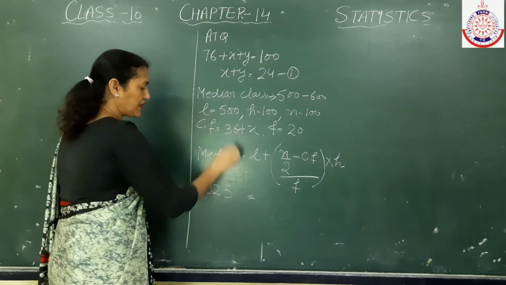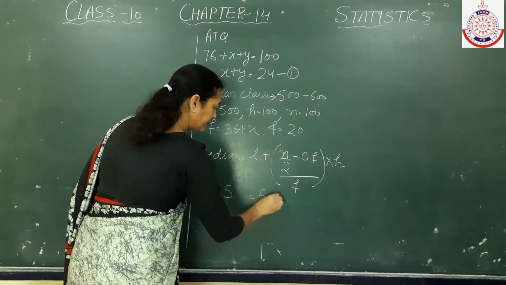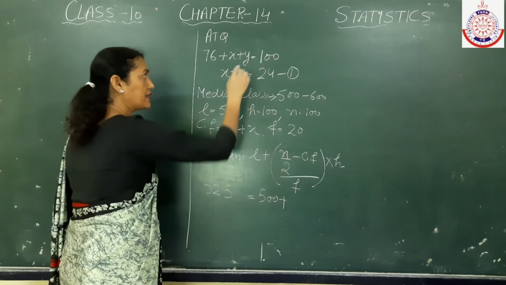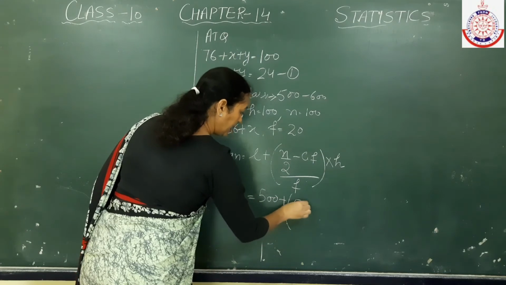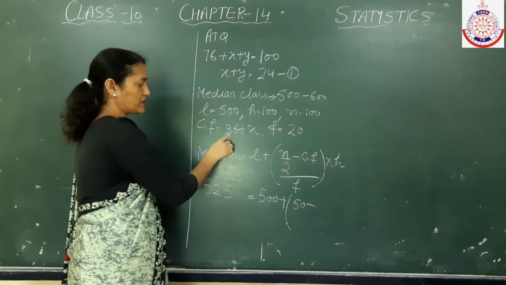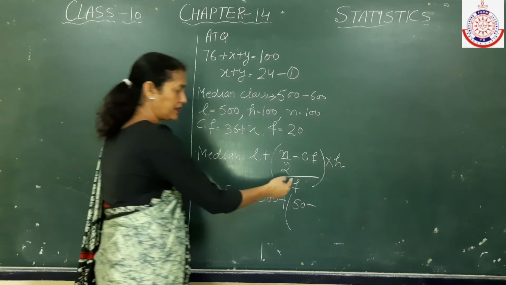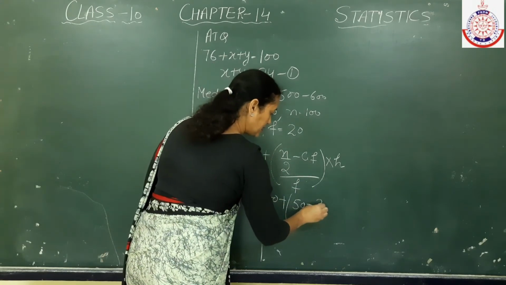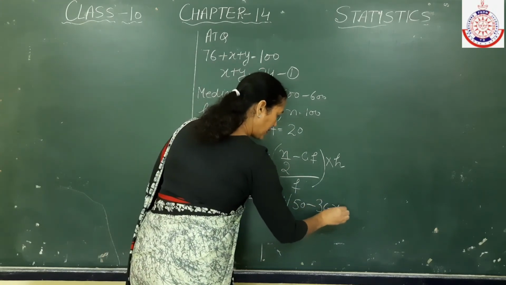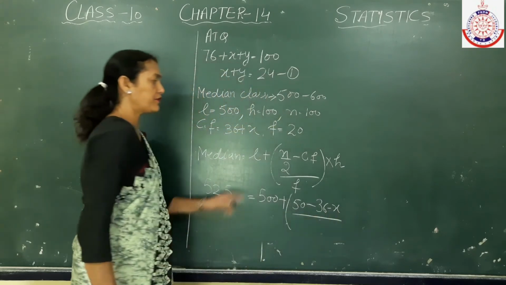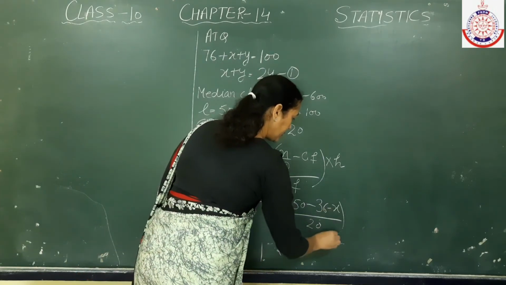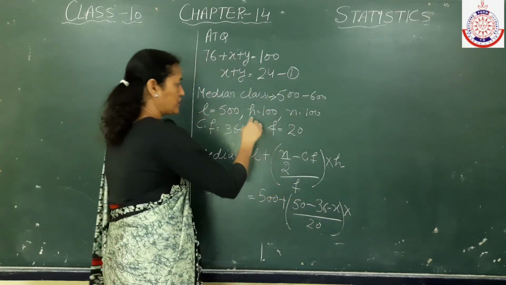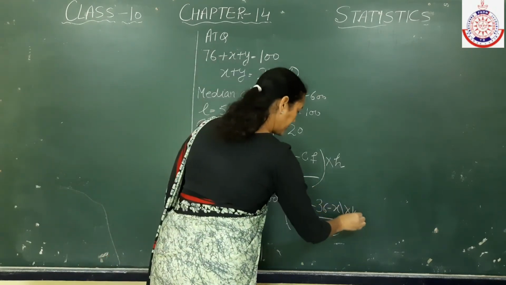Lower limit is 500 plus n is 100. So 100 upon 2 will give us 50. 50 minus cumulative frequency. So this is 36 and plus, but here as it is minus sign, so it will be minus 36 minus x upon frequency 20 into h. What is class width? 100.